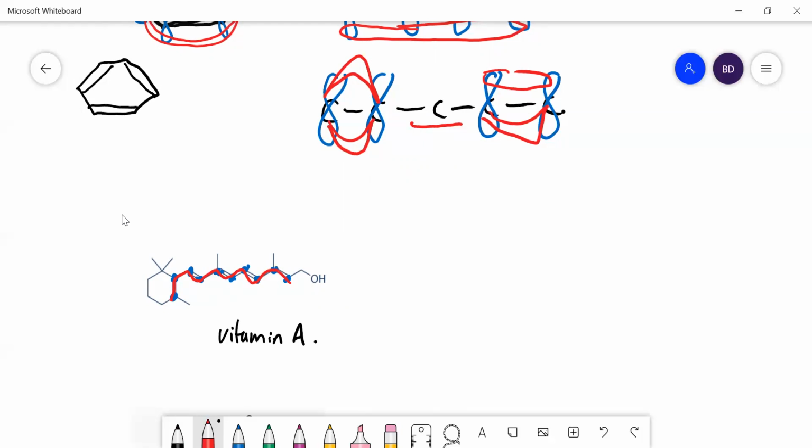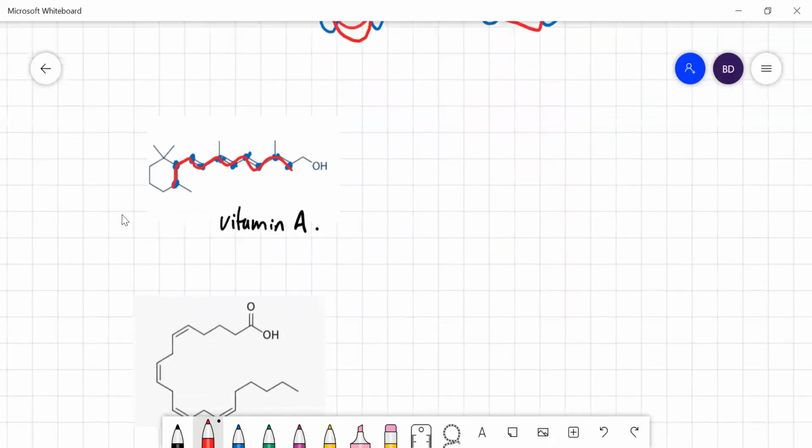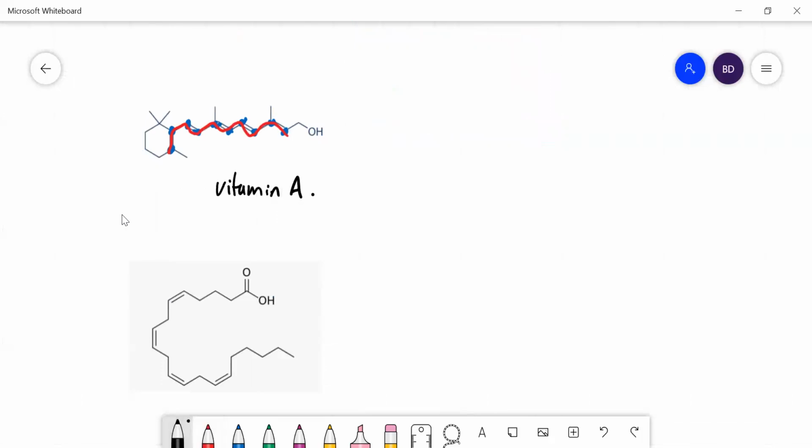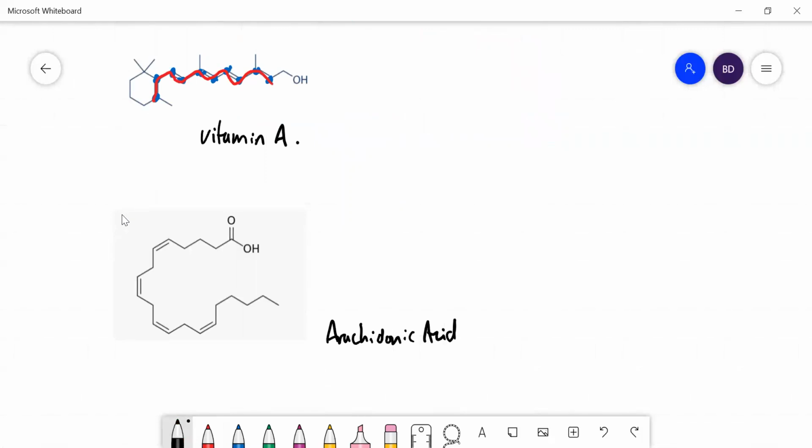And then let's have a look at this. It's called arachidonic acid. It's a fatty acid. So you've got your carboxylic acid group on this end here, and you've got a long chain, it's actually 20 carbons long if you count them up.